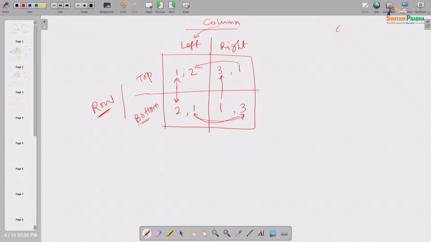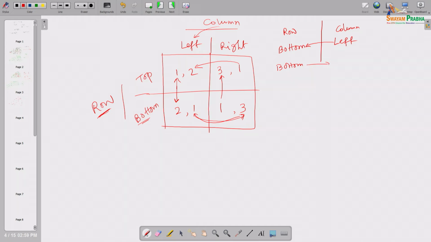Suppose this is Column and this is Row. Given Column's left, Row's best is bottom.